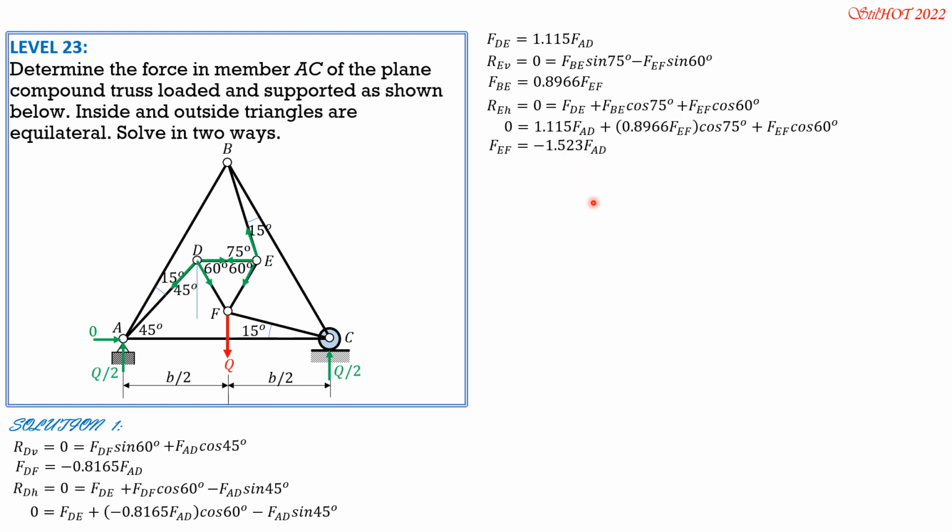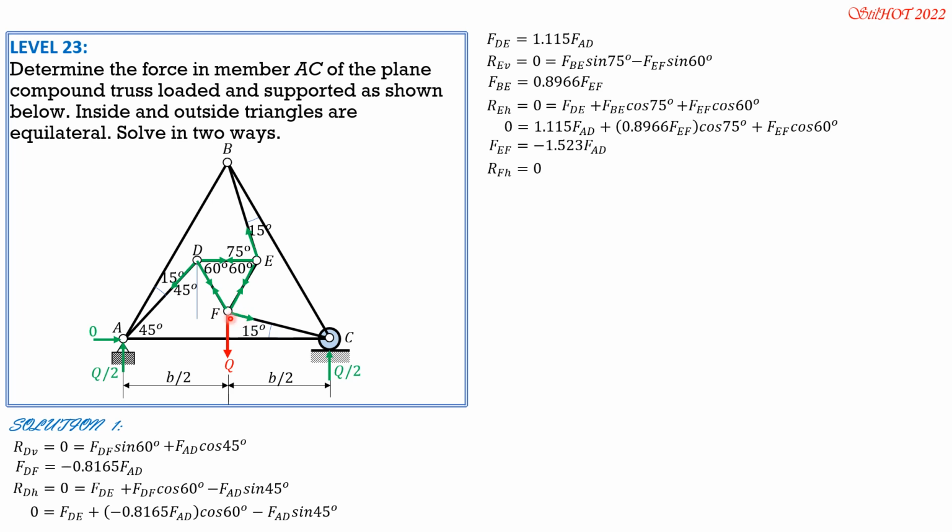Next we proceed to joint F. So this is FEF also. This is FDF and this is FCF. So first, we have nothing to select except RF horizontal first 0. Horizontal component of resultant at F is 0.